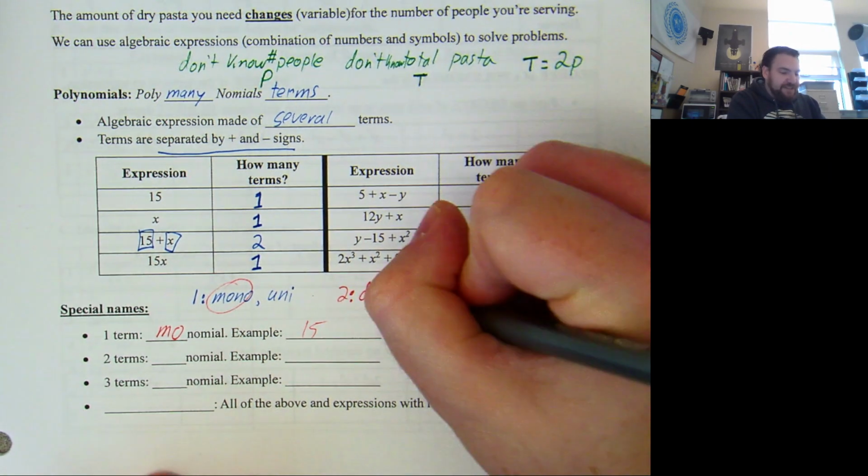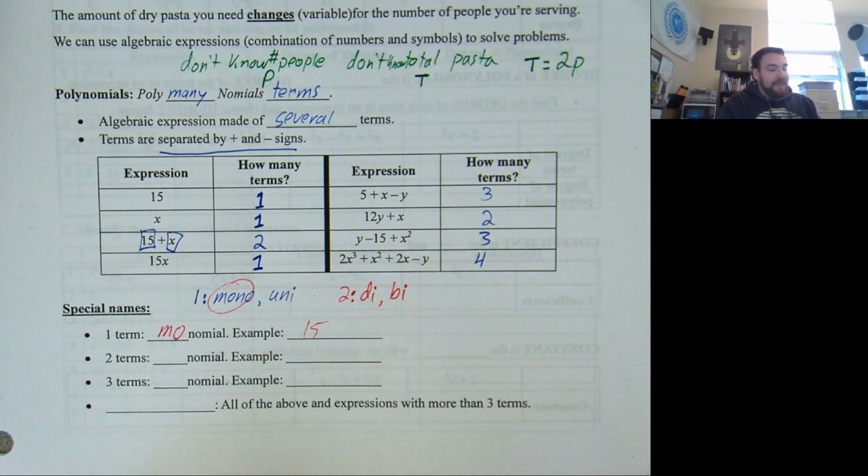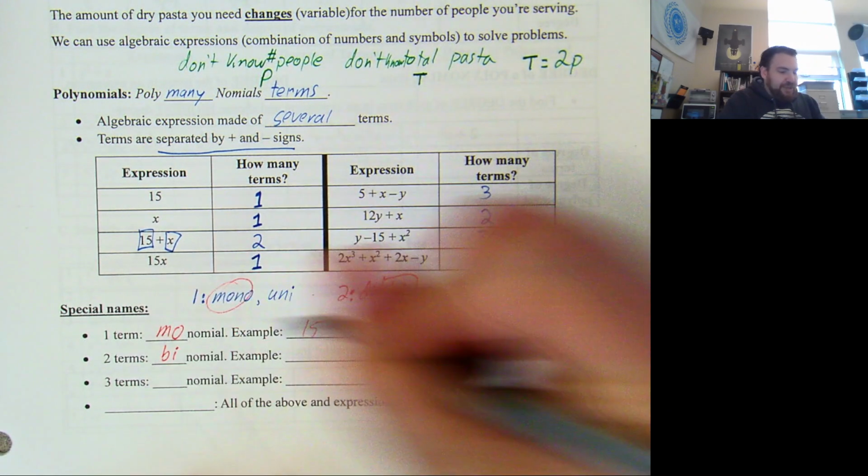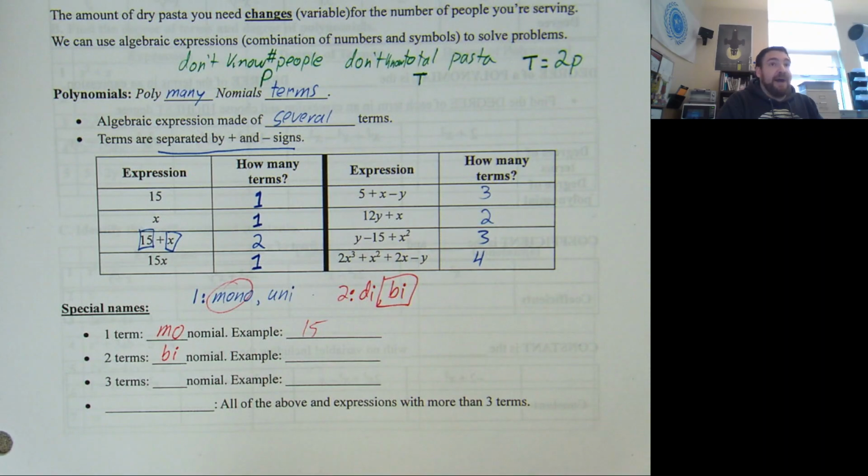So the 2 prefixes that are available for 2 of something are bi or di. Bi is the one we're going to use. So a 2-termed mathematical object is a binomial. An example of a binomial is 15 plus, not 2, because 15 plus 2 is 17, but 15 plus x.